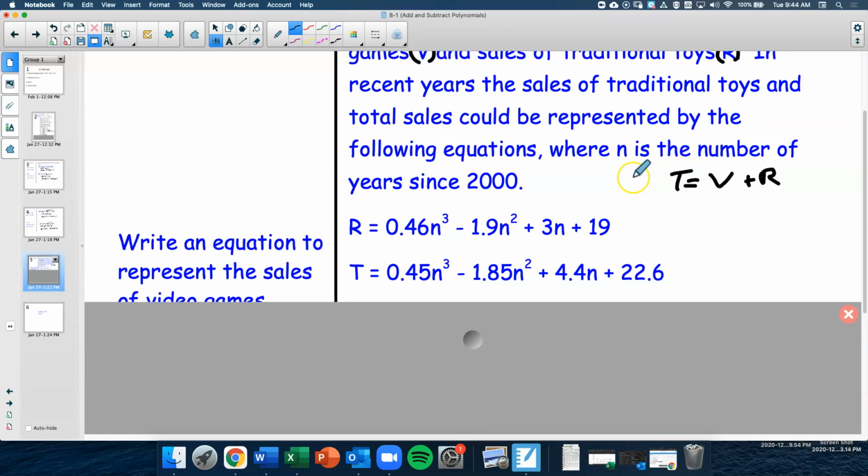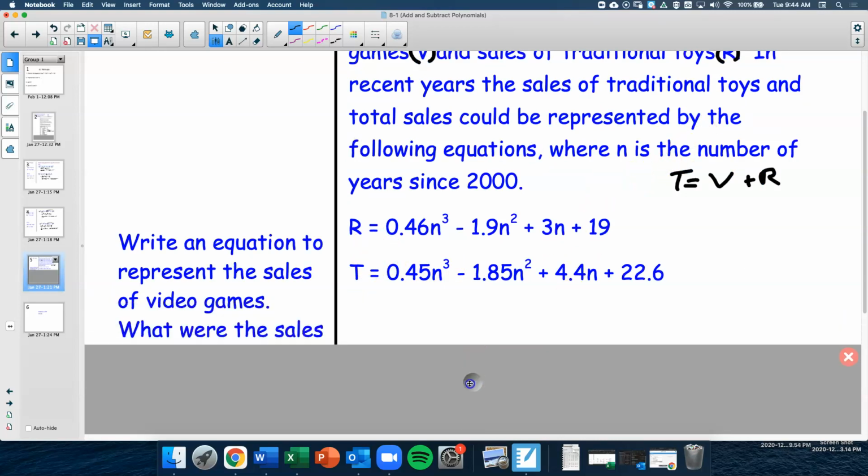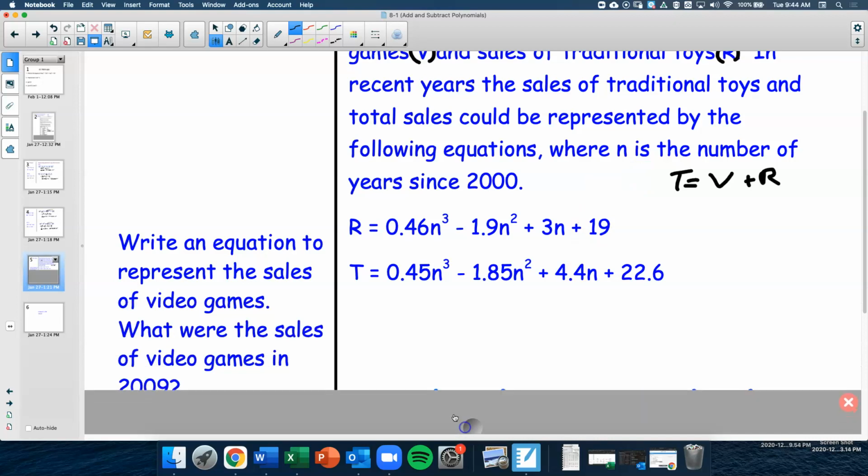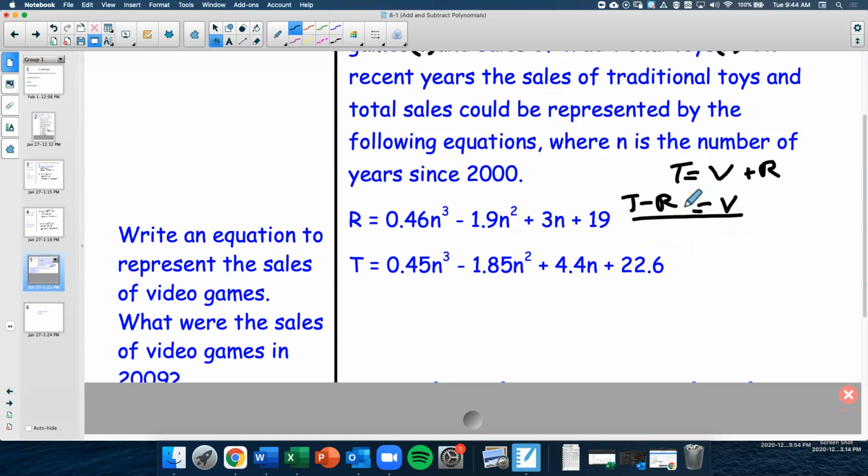So we need to find actually what V is, not T. So here we have writing an equation to represent the sales of video games. What were the sales of video games in 2009? So I need V equals. I'm going to subtract R from both sides, and I'll have V equals T, total sales, minus the traditional, which should end up being my video games.